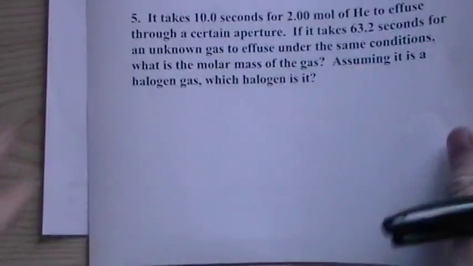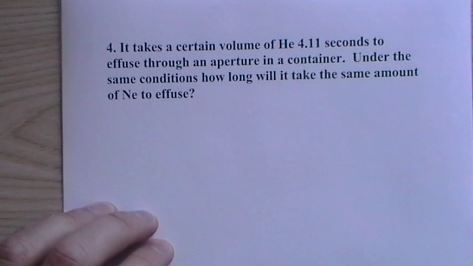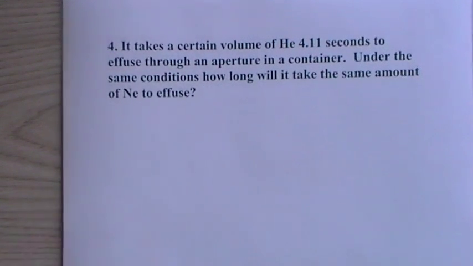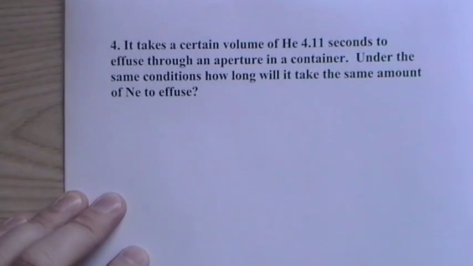So we go on to the next problem, and it asks, it takes helium 4.11 seconds to effuse through an aperture in a container. Under the same conditions, how long will it take the same amount of neon? Well, if we hadn't done this first problem, we'd have to determine the rate first. So you'd take helium and neon, find their molar masses, and put them in the formula we just did.